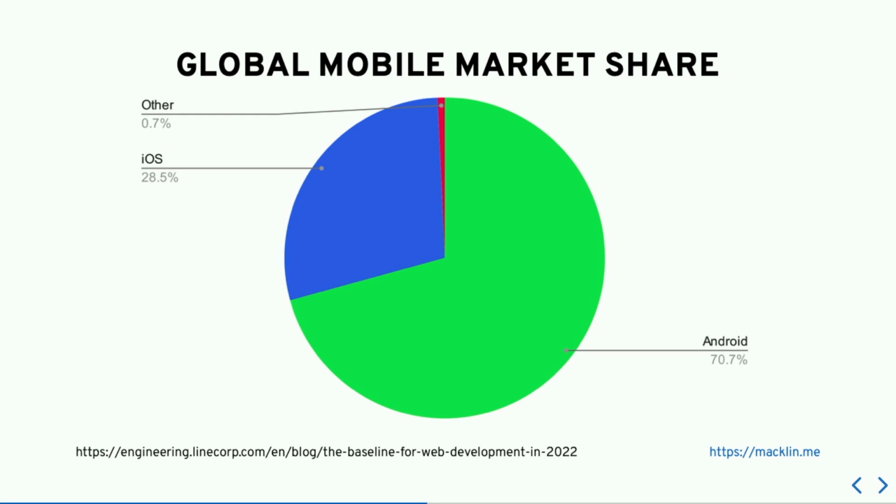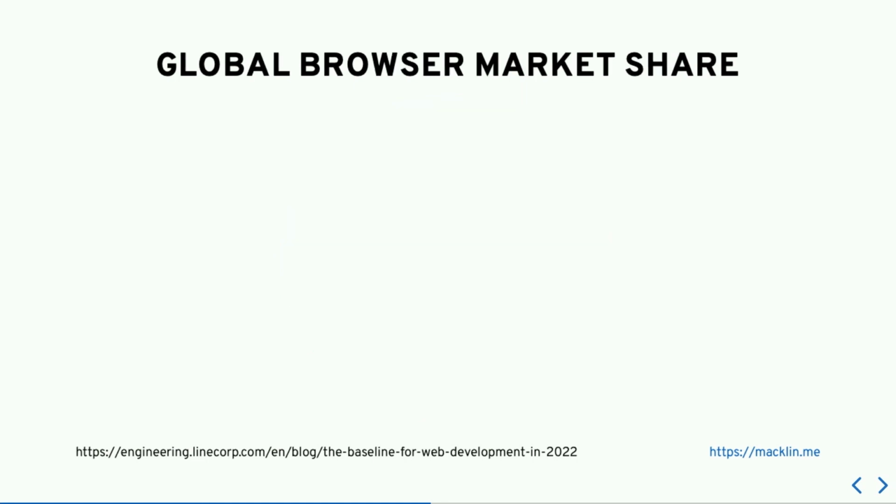If we were to naively look at the global market share for operating systems and devices, you might be mistaken in thinking that it's fairly homogeneous. There's really only iOS and Android, and a tiny sliver of something else. You only have to test for iOS and Android, right? Don't have to worry too much about that.